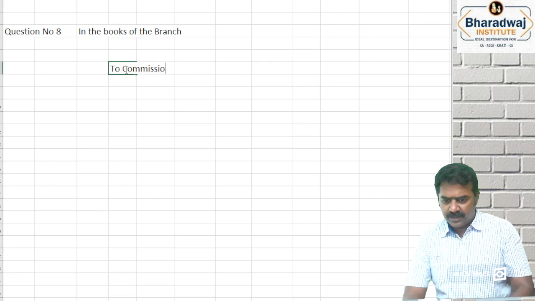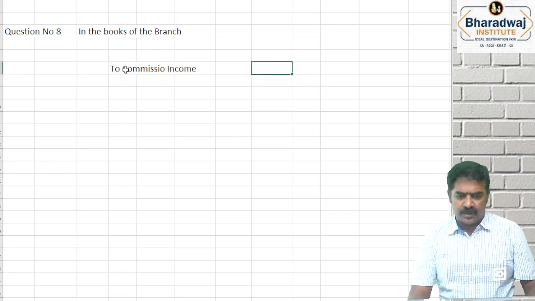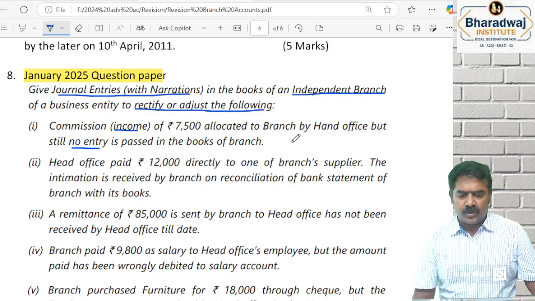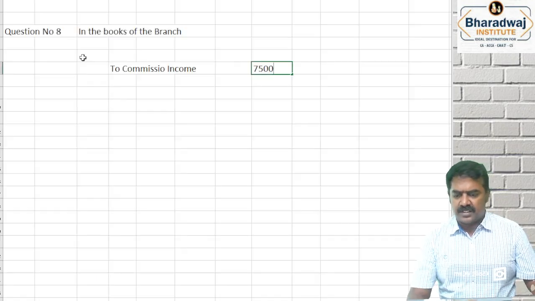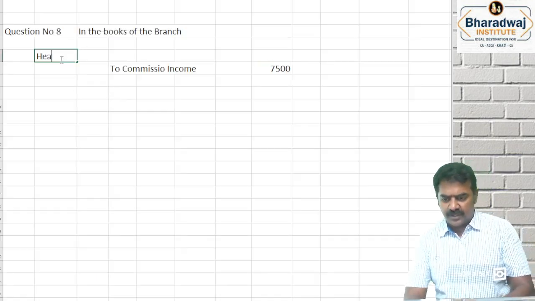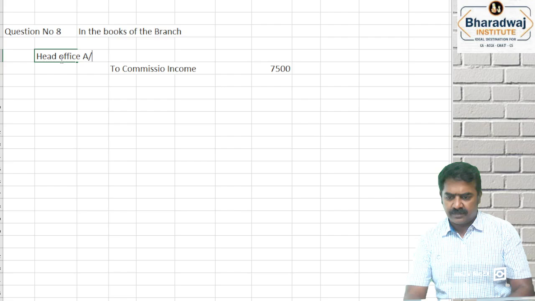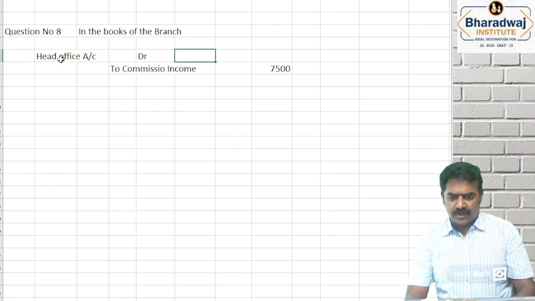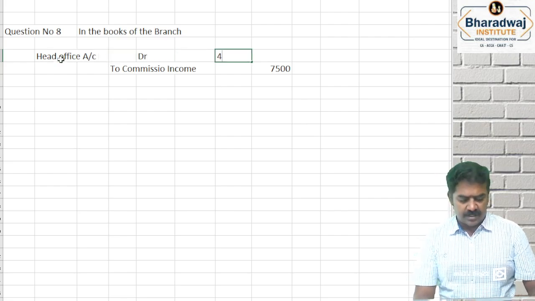How much? 7,500. Who has allocated this? Head office has allocated this. So head office account debtor to commission income, 7,500.